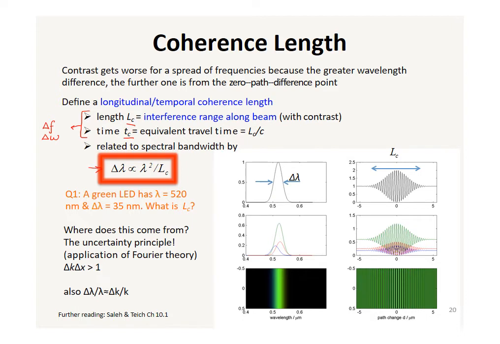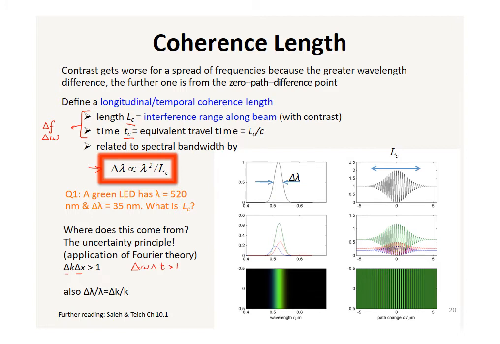This relationship is akin to the Heisenberg uncertainty principle. We can either talk about the width of the packet in k space times the width in x space, or real space, being of the order of 1 or greater, or alternatively we can talk about it in frequency and time.